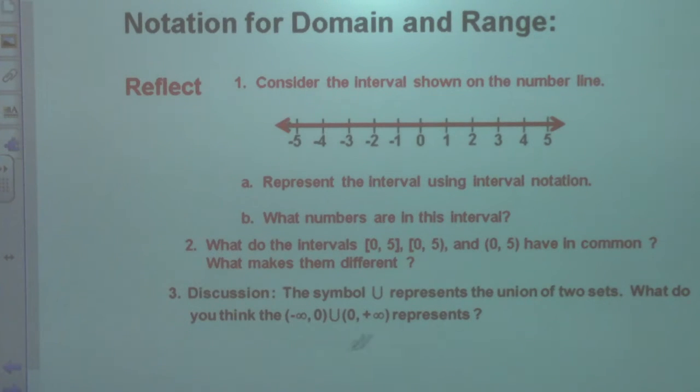I think the last thing we talked about yesterday was the symbol U represents the union of two sets. We've been talking about this in pre-calculus too. We talked about domain. So what do you think this represents here? It conjoins them together. Yeah, so this represents all real numbers except zero, or you could say except x cannot equal 0, or just except 0, right?